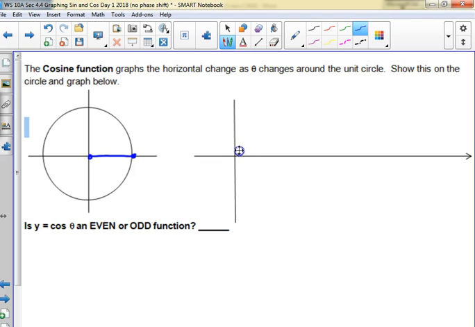Okay. So I graph it still over here though as a height because I'm graphing the amount of rotation here versus the value of the cosine is what we're graphing. So even though it's an x value here, it's the value of the cosine here.